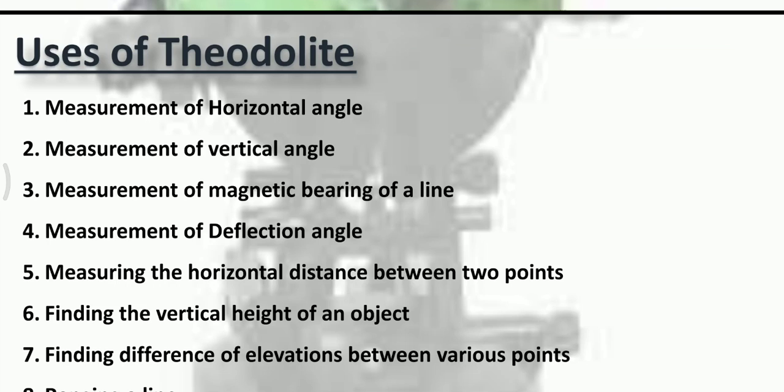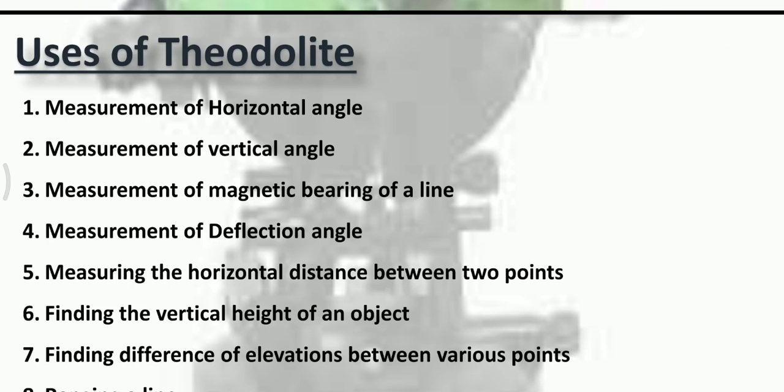With the help of a prismatic compass we cannot find out the direct angle between 2 points. Another disadvantage of the prismatic compass is that its least count is only 30 minutes. In the theodolite the least count is 10 second, and some theodolites have a least count of 20 second.